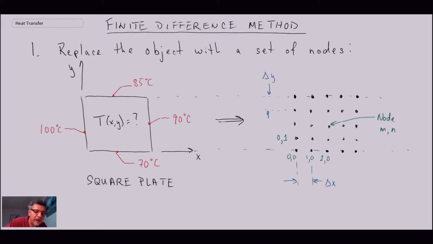So what I've done here is express this node as some generic node m, n, and we'll talk a little bit more about how the nodes relate to the equation in a moment. And so this process in any finite difference technique is referred to as grid generation.